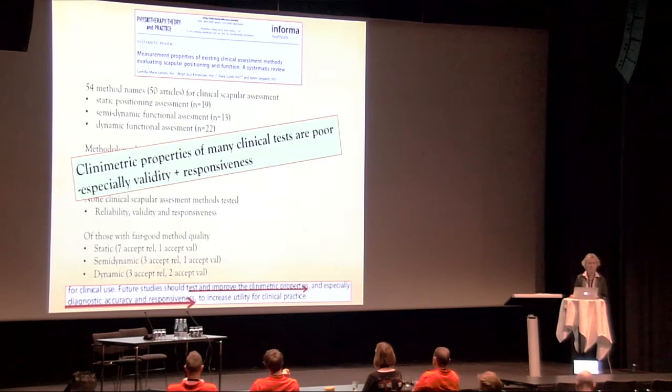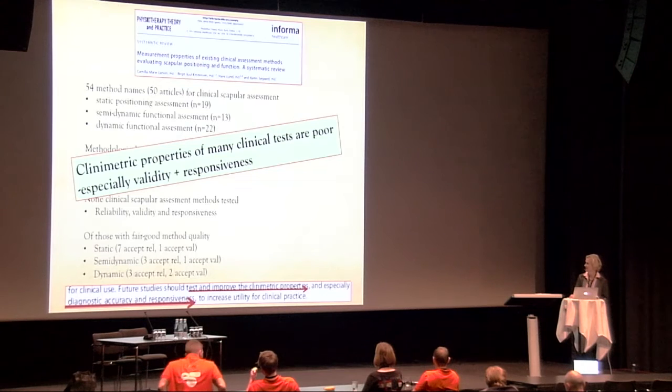Not so much the reliability, but especially the validity and the responsiveness of these clinical tests can be problematic. And the recommendation of this recent review is that future studies should test and improve the clinimetric properties, and especially the diagnostic accuracy and responsiveness, to increase the utility for clinical practice.